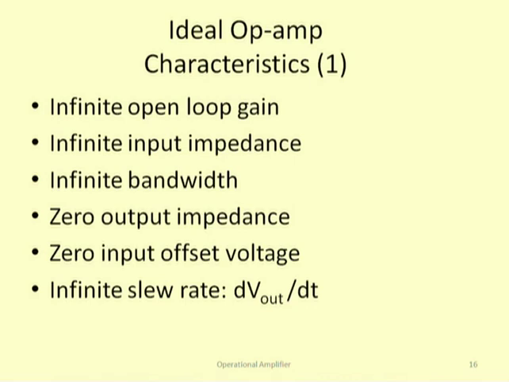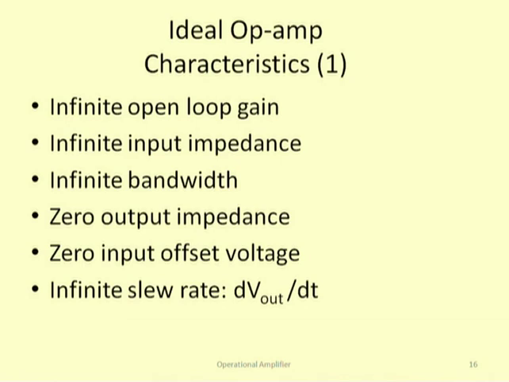It could be slightly more than 0, maybe 1 millivolt, 2 millivolt. It depends upon how accurately the op-amp is fabricated. So basically the input offset voltage is nothing but the voltage which is required to be applied at the input of the op-amp such that the output becomes 0. Ideally it should be 0, but because of the mismatch in the components, it may not be 0.